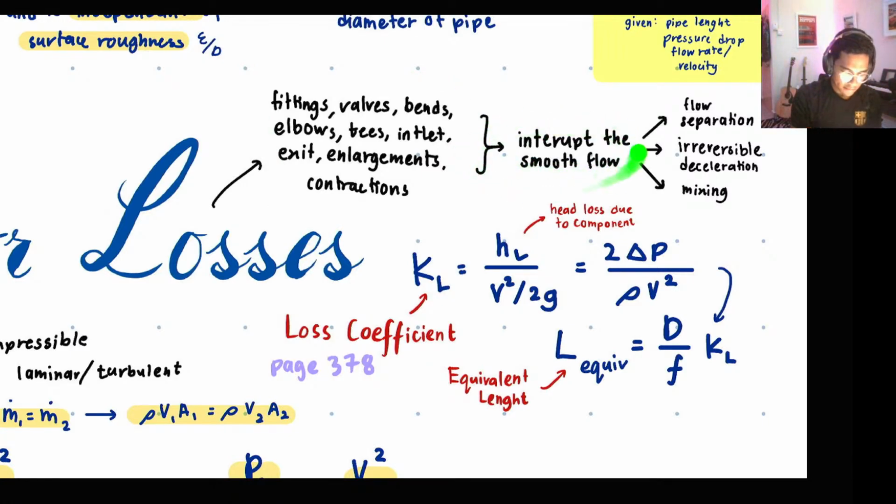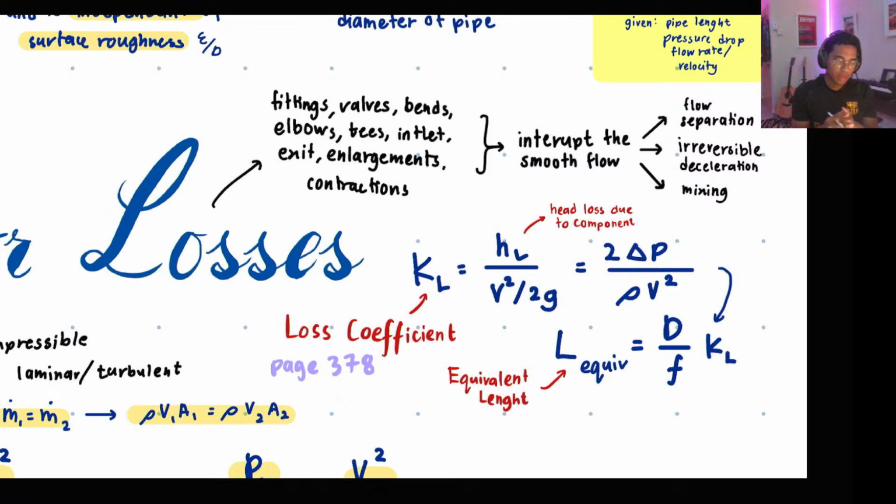They interrupt the smooth flow. If you interrupt the smooth flow, there will be firstly flow separation, irreversible deceleration, and also mixing of the fluid. You need to remember this if they ask you theoretically.